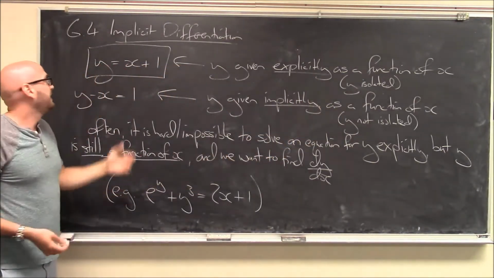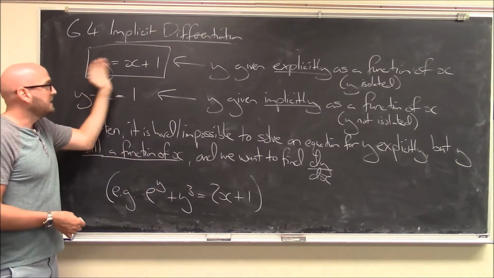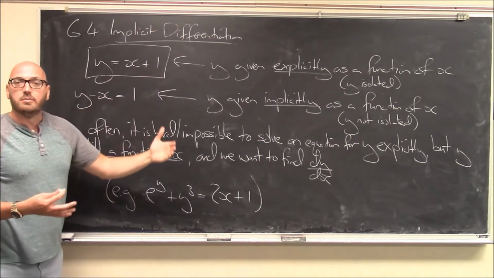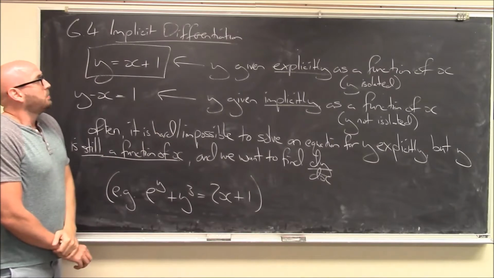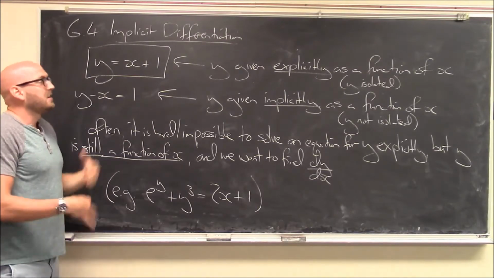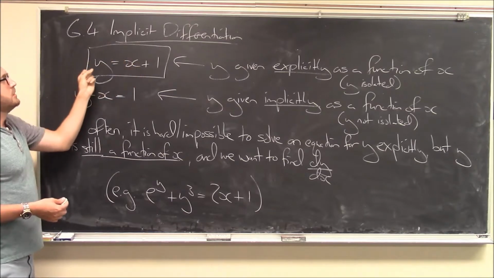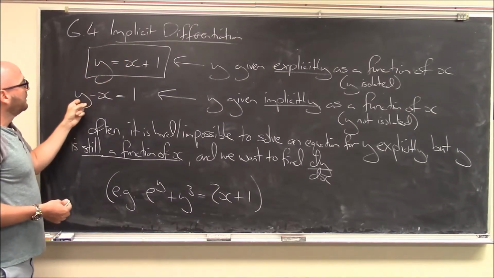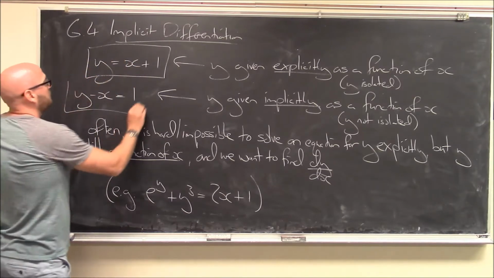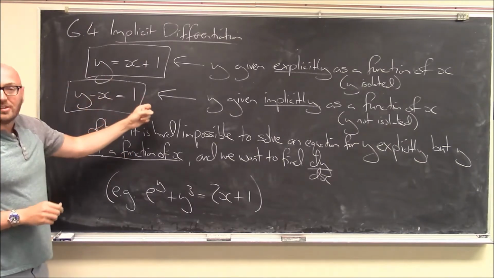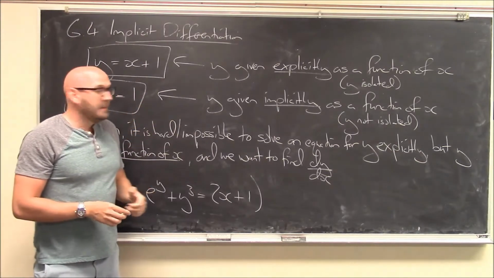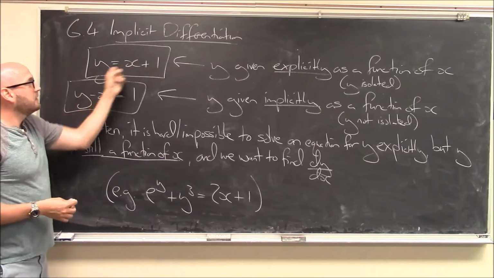What I mean by explicitly is just that y is isolated. I've got y equals, and on the right-hand side, there's my function of x. But quite often in mathematics, you're given an equation like this, where all I've done is subtract x from both sides. So now I have really the same equation, just written slightly differently: y minus x equals 1. In this case, y is still the exact same function of x.